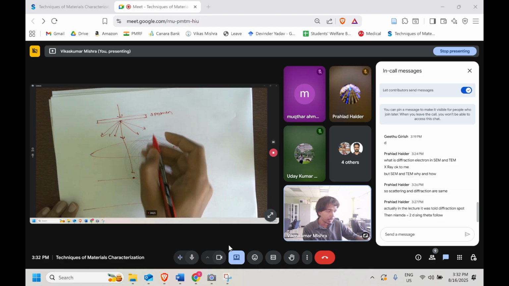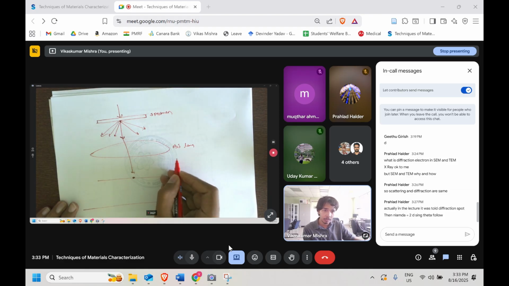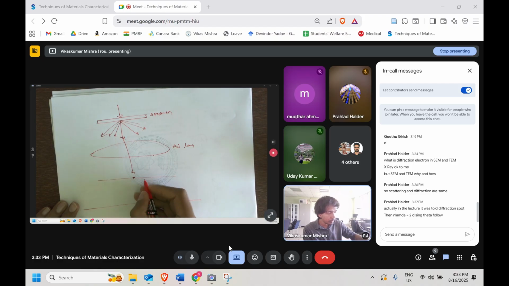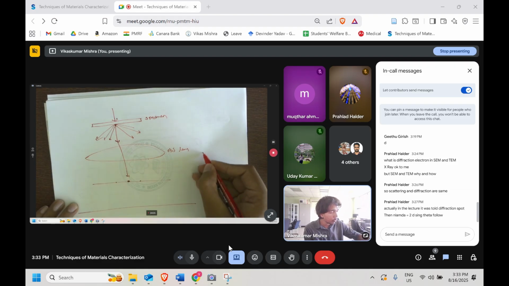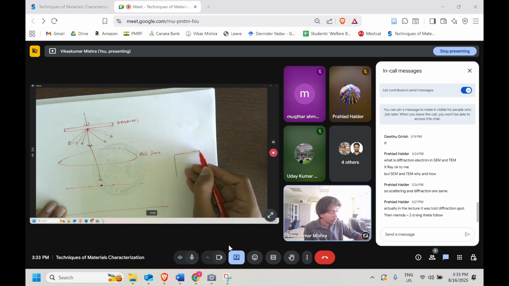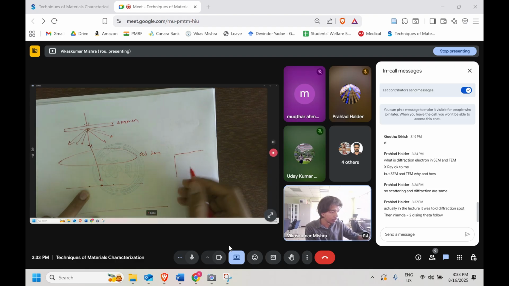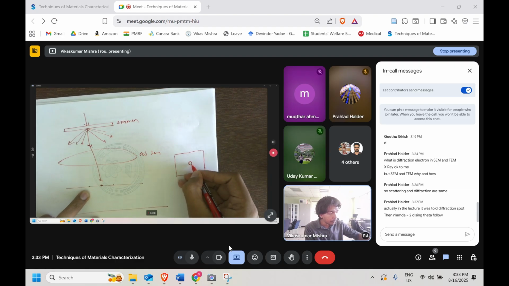Now the diffracted beams, the beams which have been diffracted far from this particular direction, will converge somewhere over here. So what will we get if I try to image only this particular plane, let's say this back focal plane? I will get the direct beam.